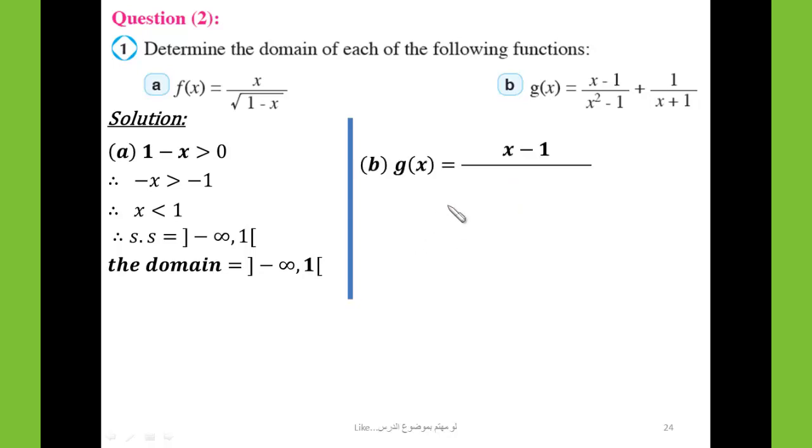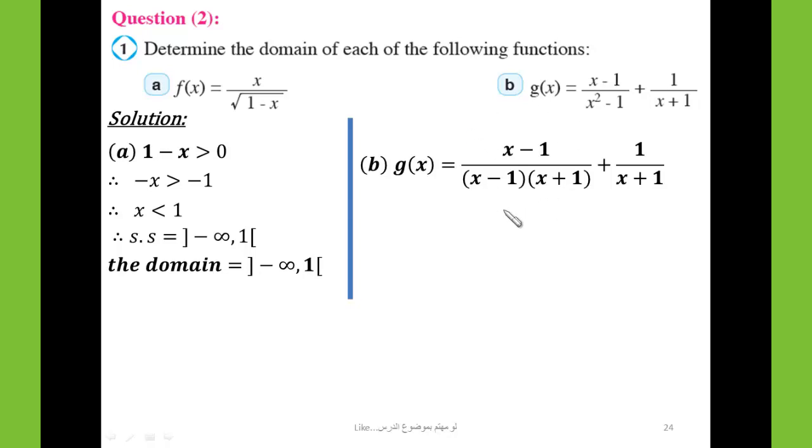B, we have g of x equals x minus 1 over x minus 1 multiplied by x plus 1, plus 1 over x plus 1. We factorize x squared minus 1 as a difference of two squares, x minus 1 multiplied by x plus 1, and don't cancel x minus 1 with x minus 1, because we determine the domain.